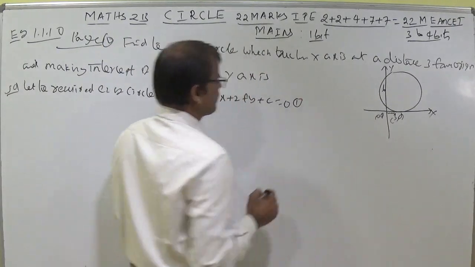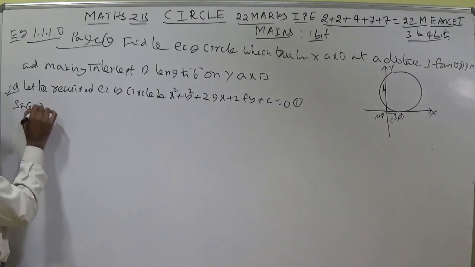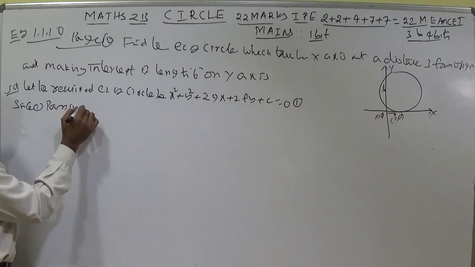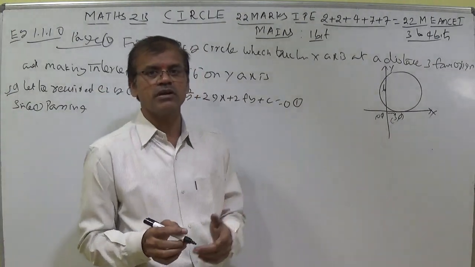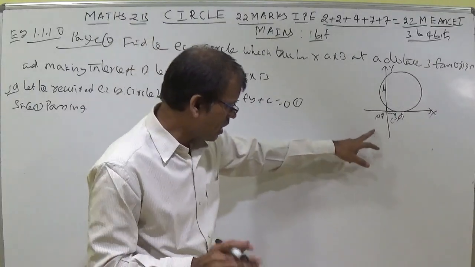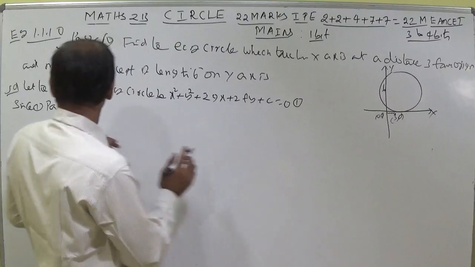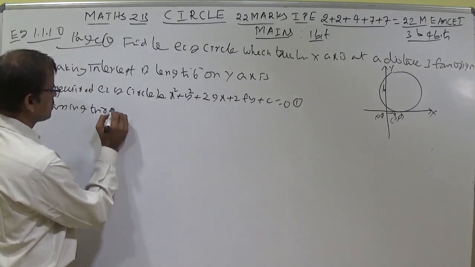Call this equation 1. Now you can write: since 1 is passing through, whenever the x-axis touches the circle, the circle is passing through 3, 0. Try to understand, it is not passing through 0, 0. It is passing through 3, 0.